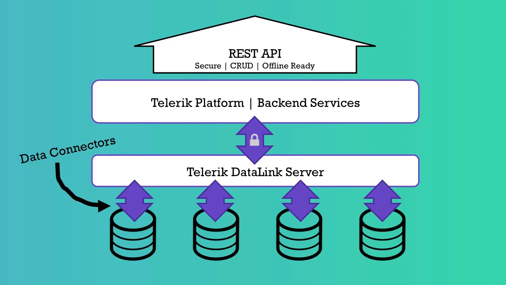So we're going to use this approach today so that we can expose our data to our application without writing any code and let the platform manage the security and everything else for us. And we'll also take advantage of the Telerik Backend Services ability to help us manage our users in an authentication service so that we can do that with no additional code.